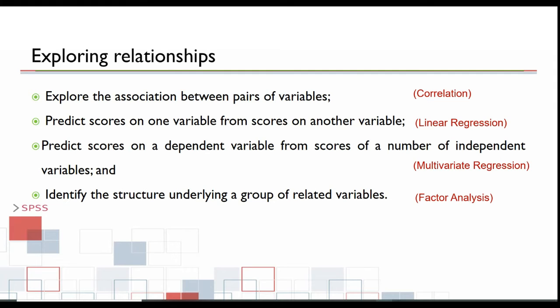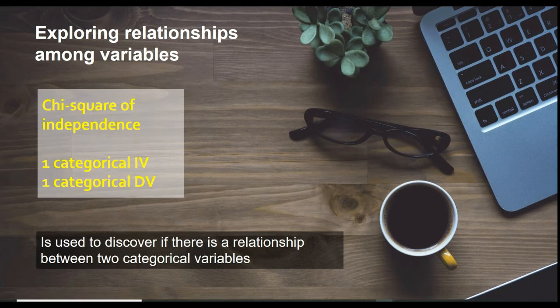We have already discussed factor analysis earlier. So this is how you can understand which test is suitable for your research question. You need to see whether you are looking for some relationship between variables, or you are looking for the associations, comparison, or to see the differences between variables. Okay? Now let's move on to exploring relationships among variables.